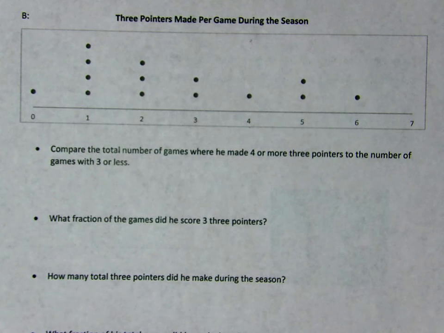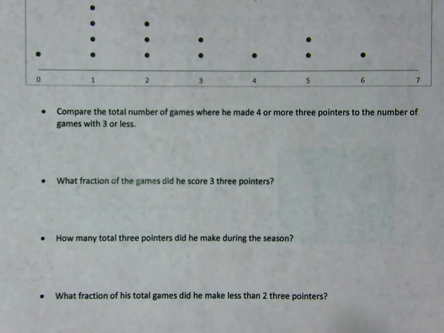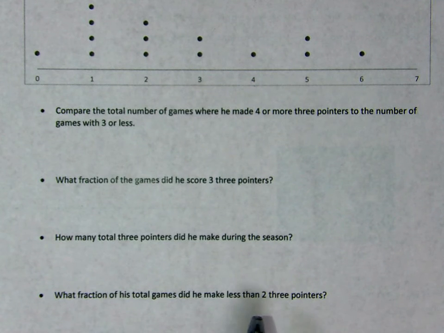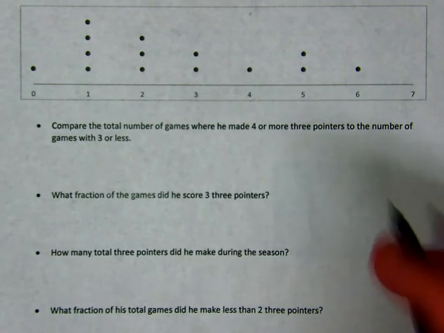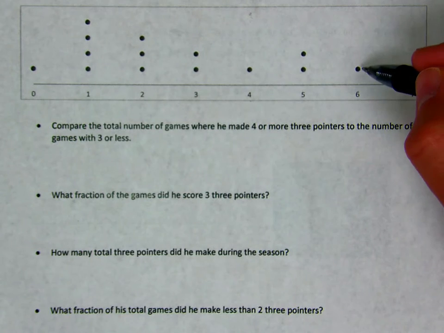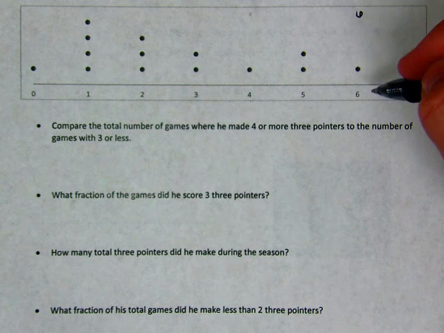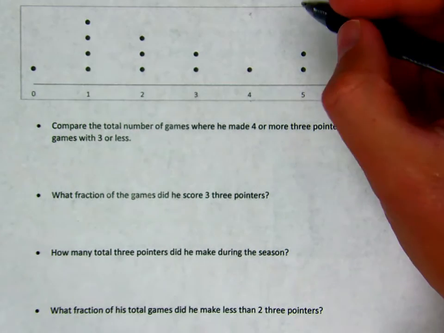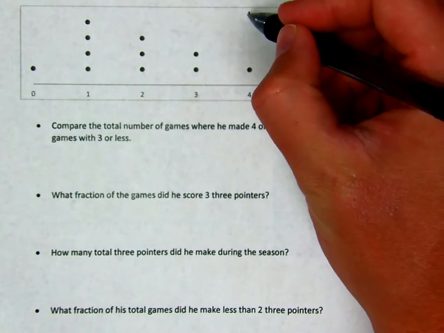So I want to jump down to how many total 3-pointers did he make during the season, based off of what we just talked about. So let's go down. We've got 1 game with 6, so that's 6 3-pointers. We've got 2 games with 5, so that's 10 total. We've got 1 game with 4, so that's 4.